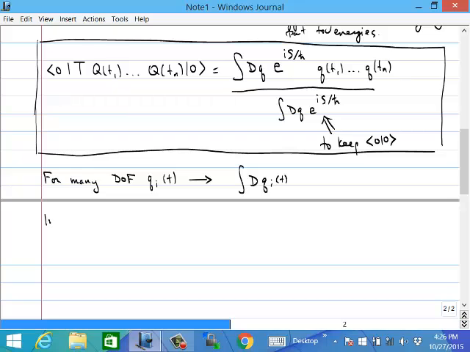And in a quantum field theory, where the dynamical variable is some sort of local degree of freedom, which in a scalar field theory we would call phi, this path integral prescription then says that we should compute an expectation value or a correlation function in quantum field theory by integrating over all possible paths through configuration space.